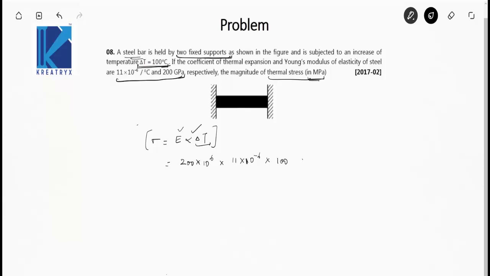So this gives me the magnitude of thermal stress in megapascal, and the value will be equal to 220 megapascal. Okay, this is option P. So sigma thermal is 220 megapascal. Okay. Thank you.